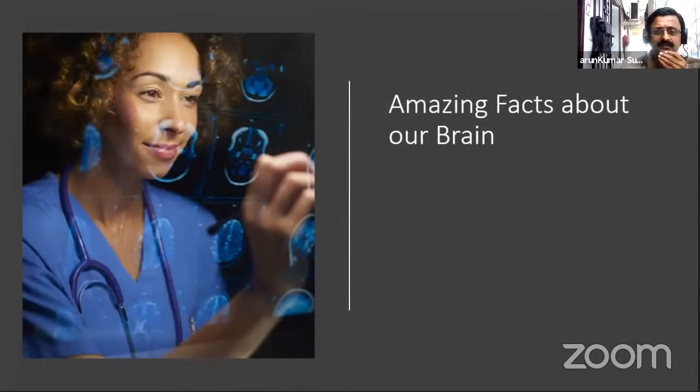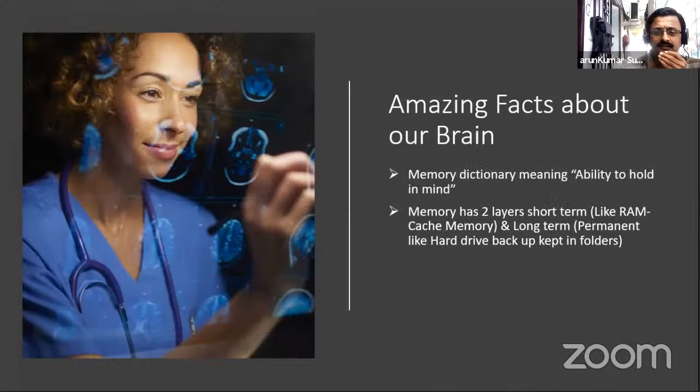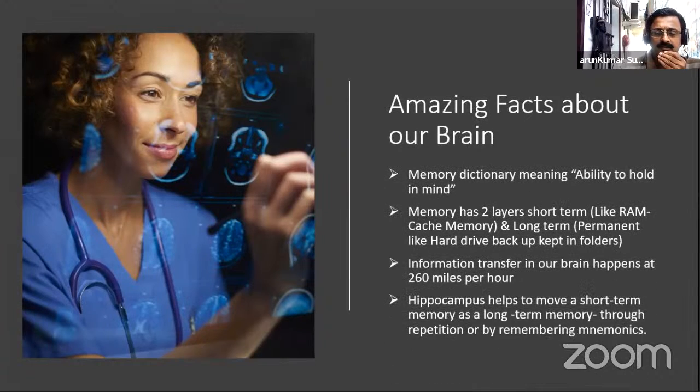And some more facts. The dictionary meaning of memory is the ability to hold something in your mind. Memory has 2 layers. Like in a computer you have cache memory, which is short term, and long term. We also have a temporary and a permanent memory.